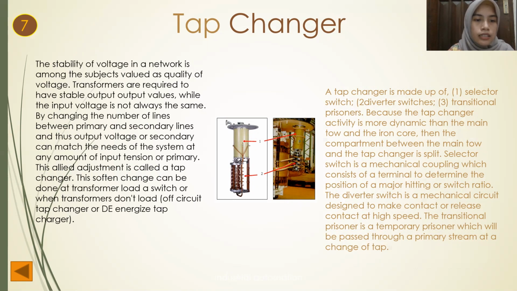This adjustment is called the tap changer. This can often be done at transformer load, or when the transformer runs on load, or as an off-circuit tap changer or de-energized tap changer.